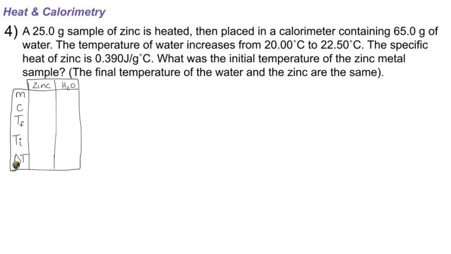Okay, so a 25-gram sample of zinc, so that would be the mass of zinc, 25.0 grams, is heated and placed in a calorimeter containing 65 grams of water. So that would be the mass of the water. The temperature of the water increased from 20.00 degrees, so that's our initial temperature, 20.00 degrees C, to 22.5 degrees Celsius.